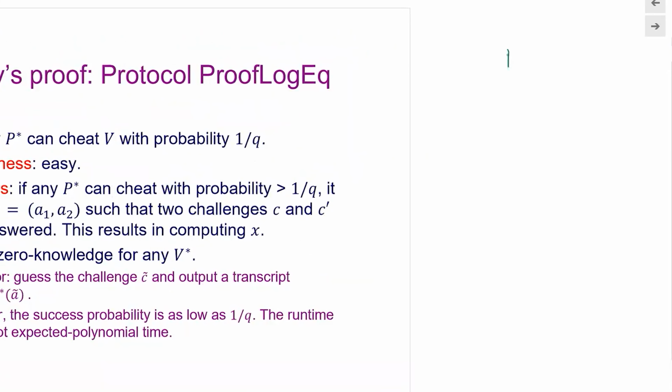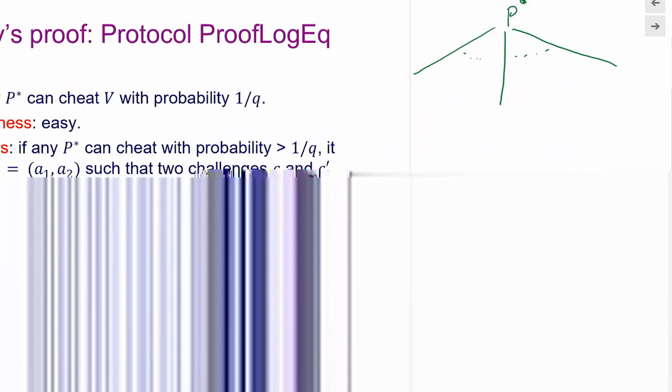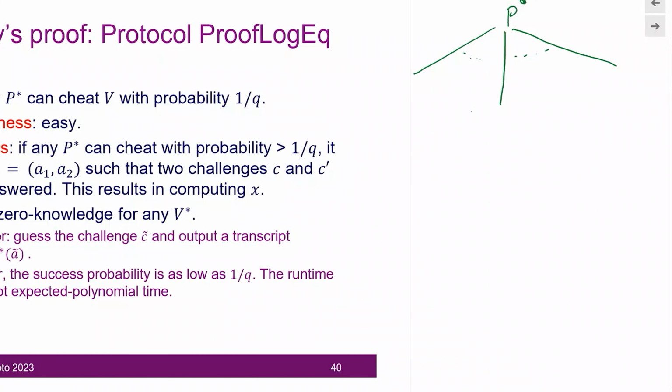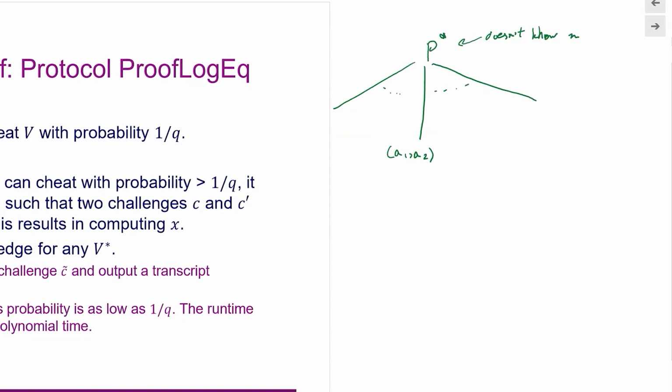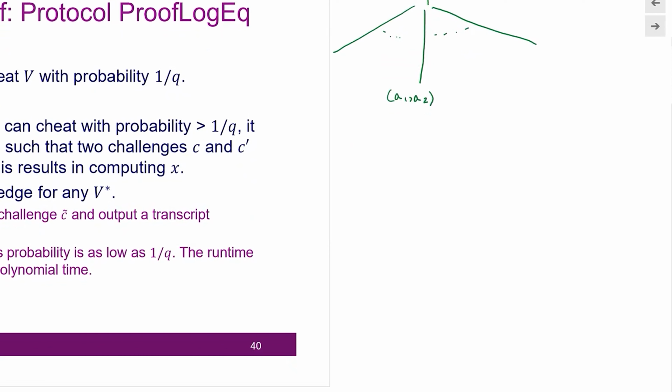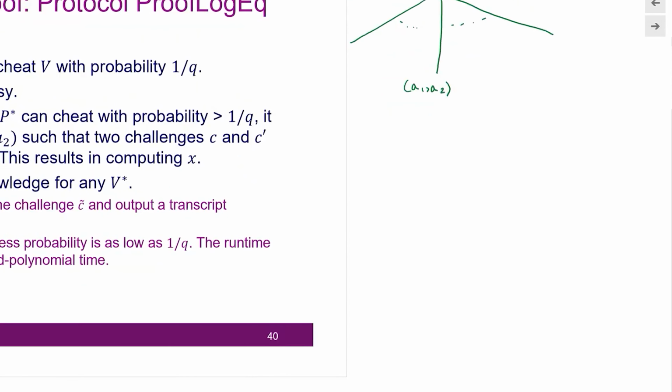If we imagine the computational tree for this prover, he can go through many different routes of different values that he could choose for A1 and A2. Suppose we are here at A1 and A2, and this guy doesn't know the secret X. If he can cheat with probability more than 1 over q, it means that he can answer more than one challenge, C and C prime.